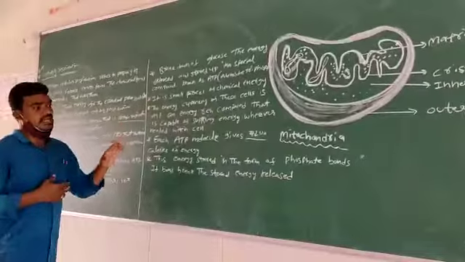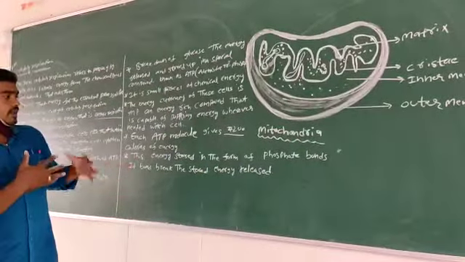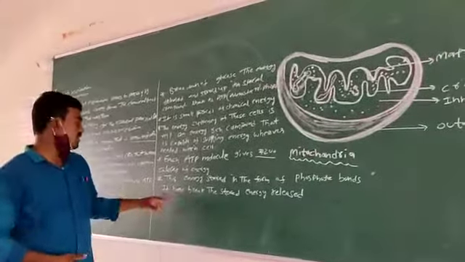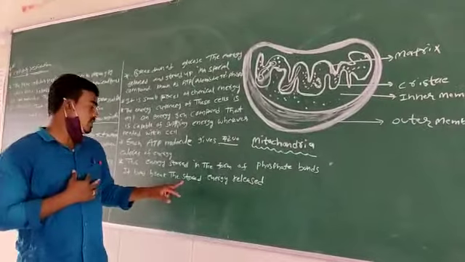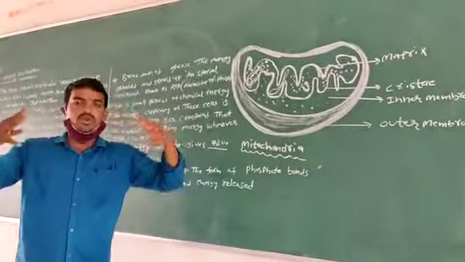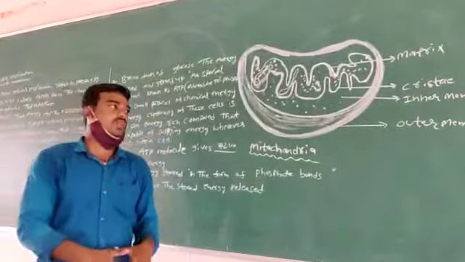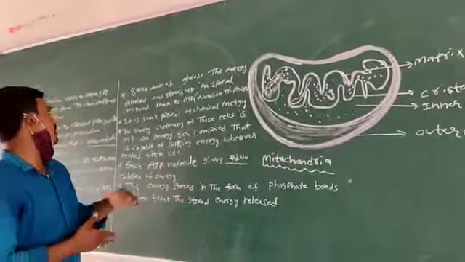There is a triphosphate, so three bonds are there. In this chemical process, if the bonds break down, the stored energy is released. When ATP breaks down, energy enters our body, so automatically we do the different functions.